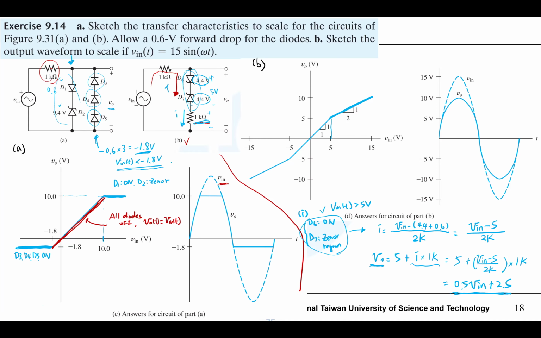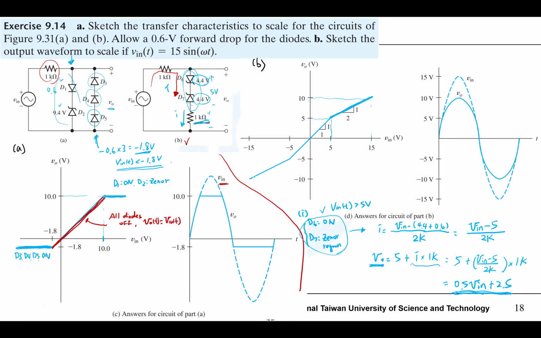For this region, we can estimate an equation for the input voltage and output voltage. I hope you can understand. And you can plug in a number: if we put V in equals 5, then VO will be 5. If V in is 15, VO will be 10.